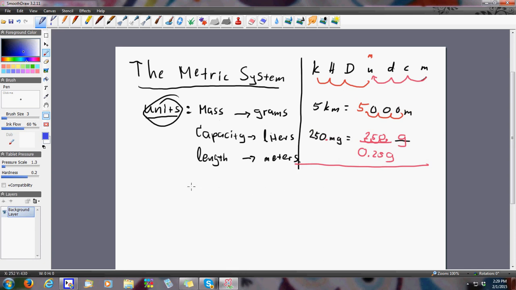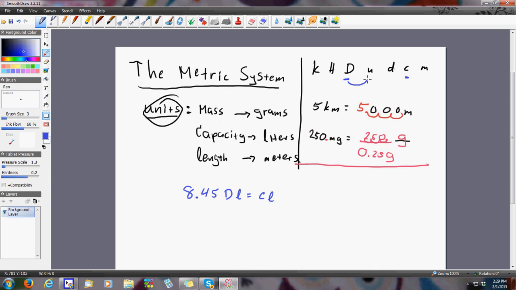Let's say I had 8.45 decaliters, and I want to convert that into centiliters. Well, I'm going from a large amount to a small amount, so my number's going to have to get bigger. Once again, I figure out where I'm starting: at decaliters. And where am I going? To centiliters.